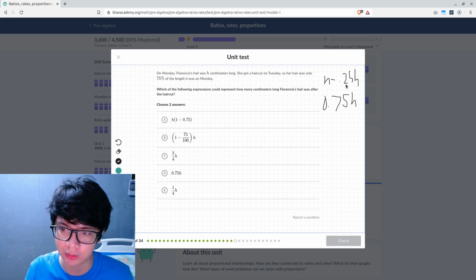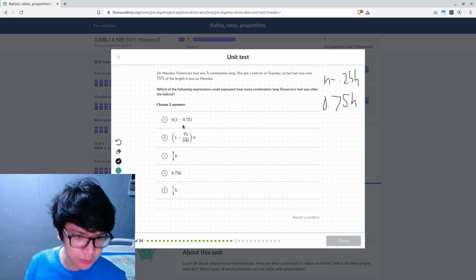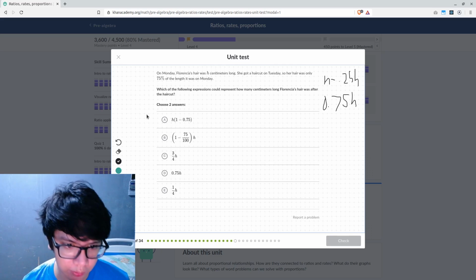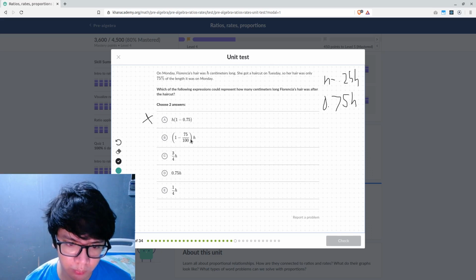Let's see if we got this. This is not this, 0.25, this is the hair she lost. This is actually 7.5.